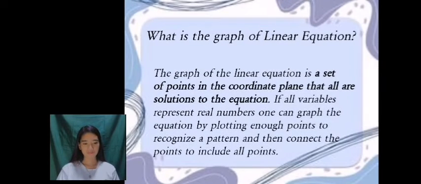So next, we are going to tackle the graph of a linear equation. The graph of a linear equation is the set of points in the coordinate plane that are solutions of the equation. If all variables represent real numbers, one can graph the equation by plotting enough points to recognize the pattern, then connecting the points to include all points.